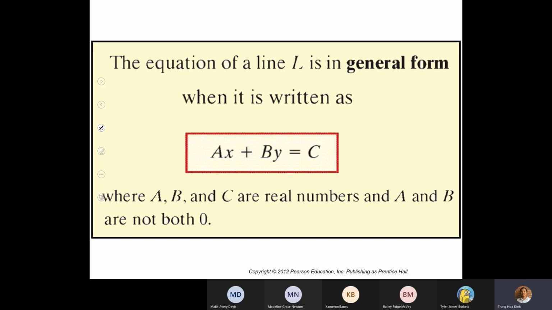But look at this. I want to show you one thing, right? If they ask you for the slope in this case, you have the formula. The slope is equal to negative a over b. If you have the general form like that, the slope would be negative a over b. You don't have to do any transformation, right? And what is the y-intercept?